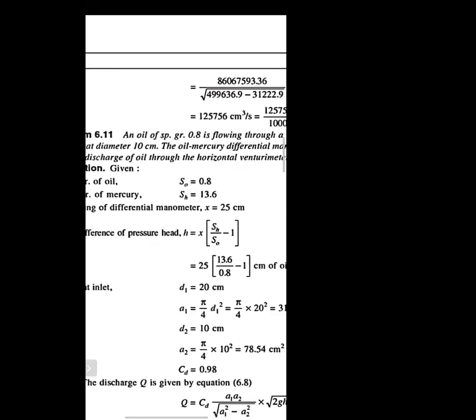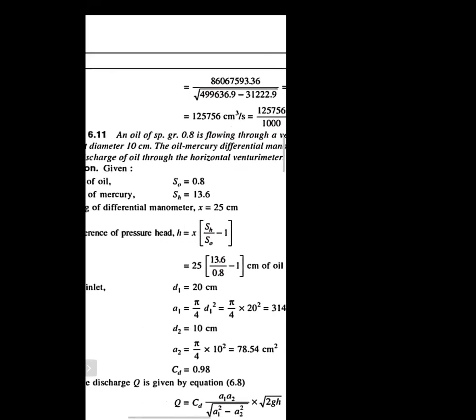In the first line of your problem it is given that the oil has specific gravity 0.8. Oil is flowing through the pipe, therefore take the specific gravity of the liquid flowing through the pipe, which is oil, S0 is 0.8, minus 1.